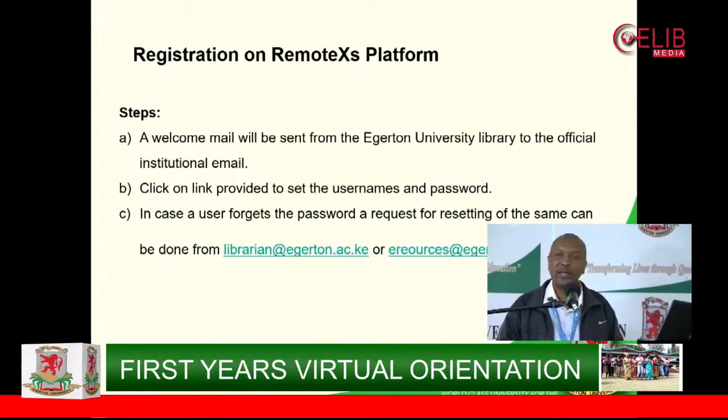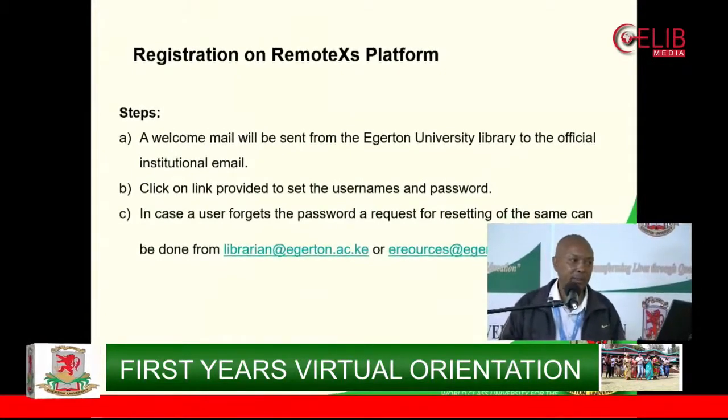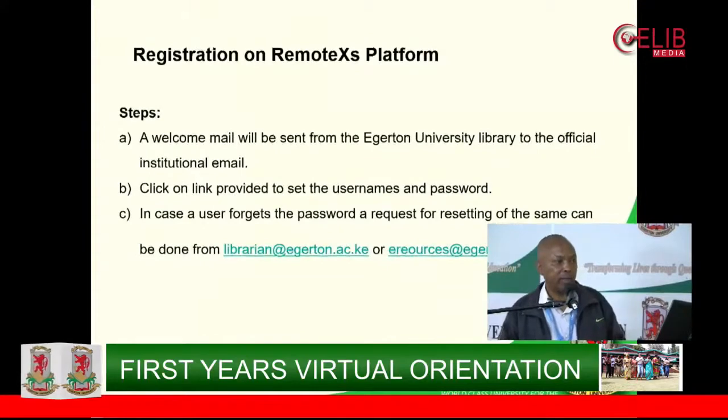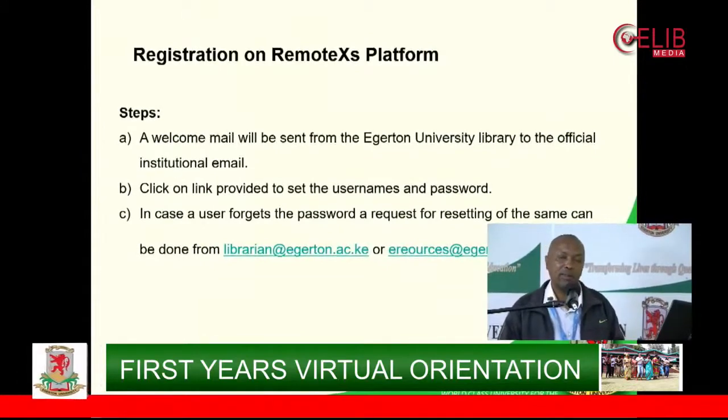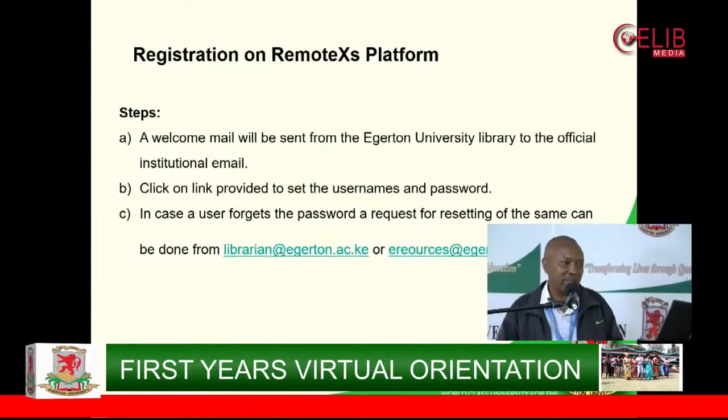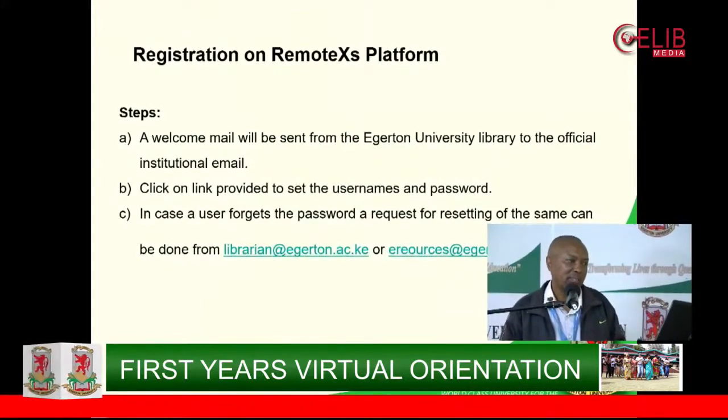Registration, how do you get registered? How do you use the software? Number one, we will have your email address. We normally insist on institutional email addresses. We will send an email to that address, and once you get that email, click on the link and you'll be taken through how to register.